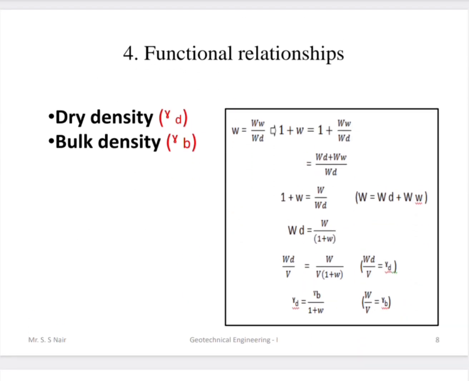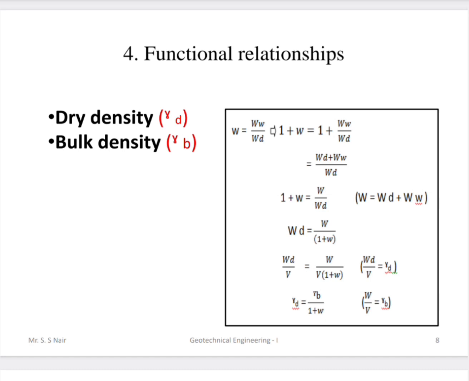Now let us discuss dry density and bulk density. To find this relationship, we have to go with the water content, weight of water divided by weight of dry soil, adding 1 on both sides. Then we take the LCM, WD plus WW divided by WD. Now WD plus WW is total weight.